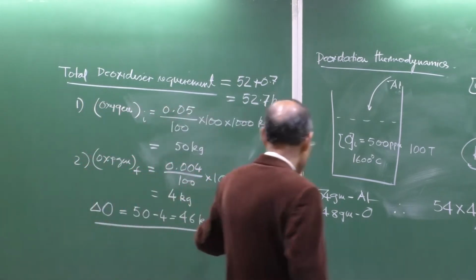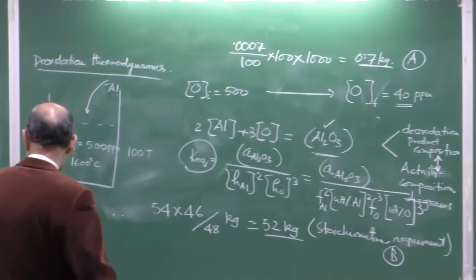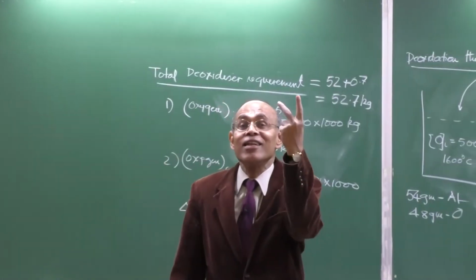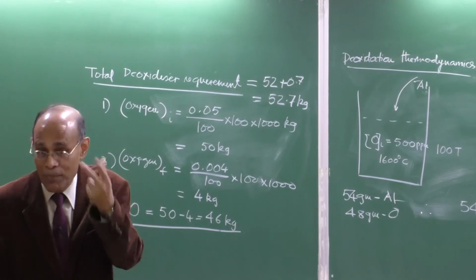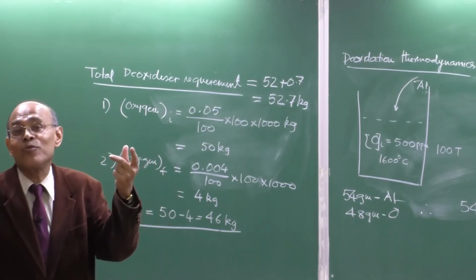So, 52 plus 46 gives you the total deoxidation product that is formed. That may also be a part of the problems asked: calculate the total amount of deoxidation product.